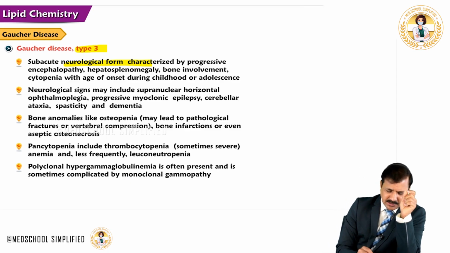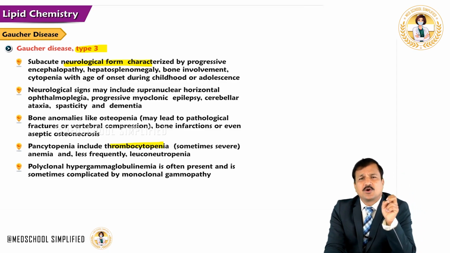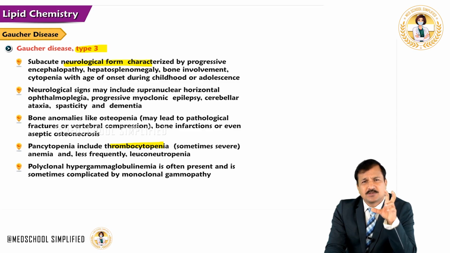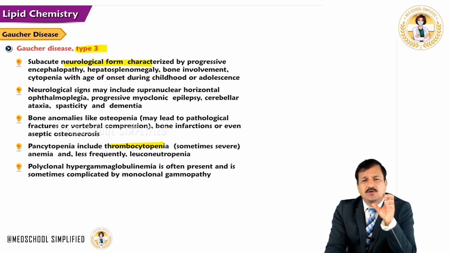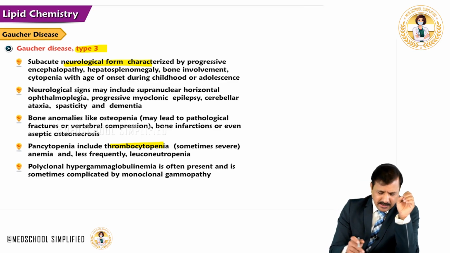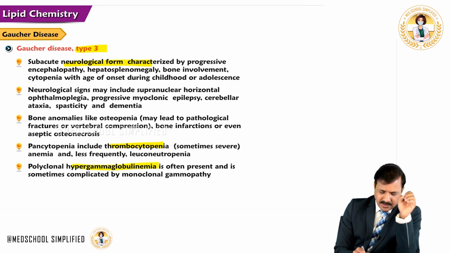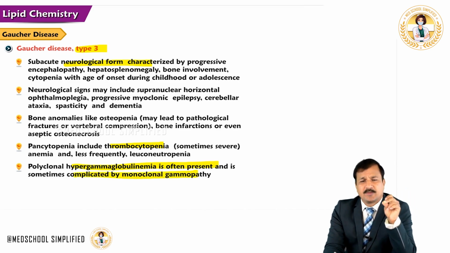Patients with this disease will also show thrombocytopenia. Sometimes the thrombocytopenia may be severe, leading to bleeding diathesis, anemia, and less frequently leukoneutropenia. Polyclonal hypergammaglobulinemia is often present and sometimes complicated by monoclonal gammopathy.